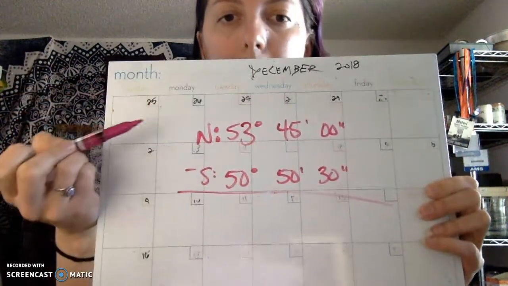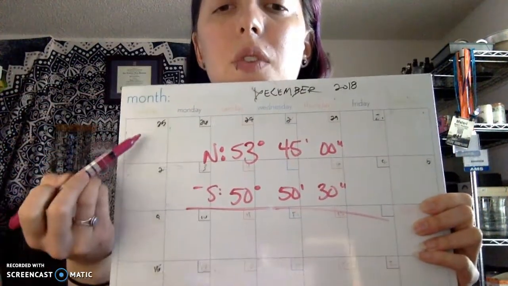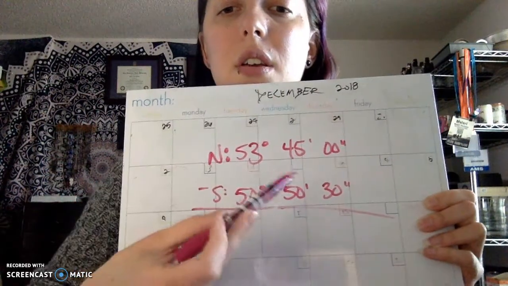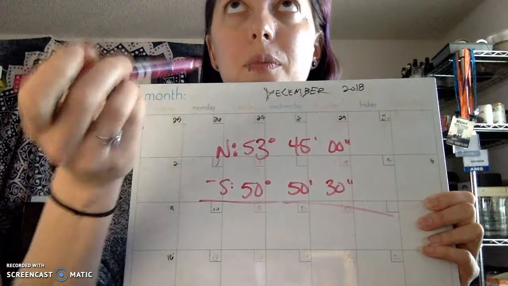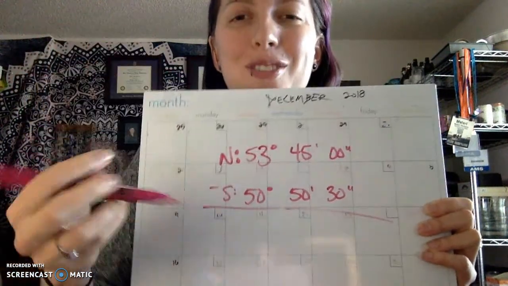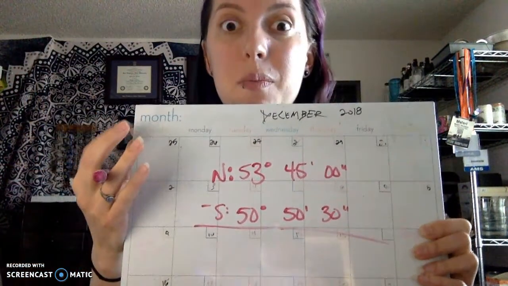And then say that my southernmost latitude is 50 degrees south, and let's see, what's a good one? Let's do 50 minutes and 30 seconds. Yeah, so we're going to have a lot of subtracting and substituting going on here. The apostrophes indicate whether it's a minute or a second.